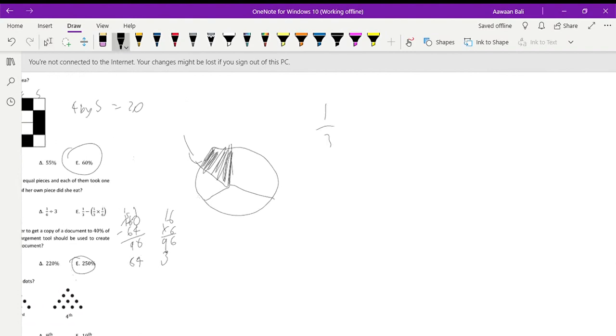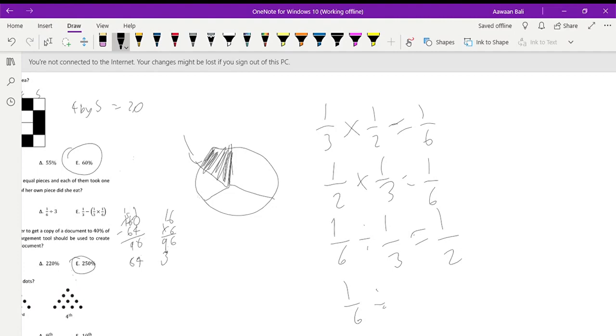Basically, fact families are how you can write equations different ways. So you can say 1/3 times a half is equal to 1/6. A half times a third is equal to 1/6. 1/6 divided by 1/3 is a half, and 1/6 divided by a half is 1/3.